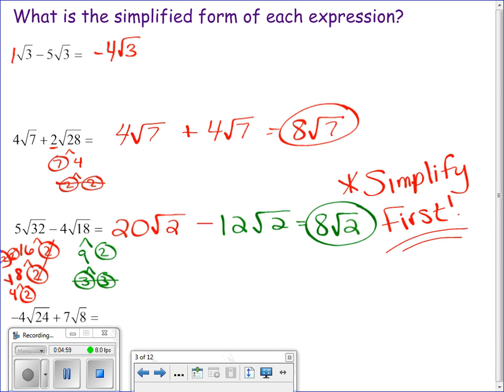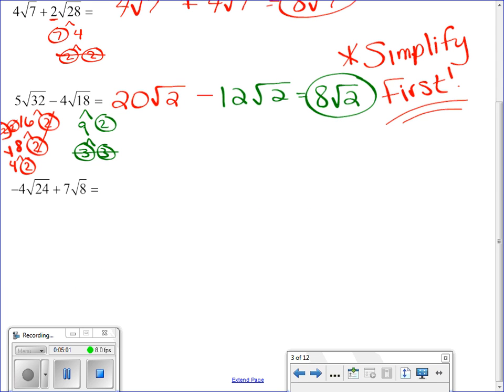All right. How about the next one? Negative 4 radical 24 plus 7 radical 8. Good. 8 times 3 for the 24. We'll simplify this one. And then 4 and 2, 2 and 2. So we have a pair of 2's times the negative 4 in front. 8 radical 6.